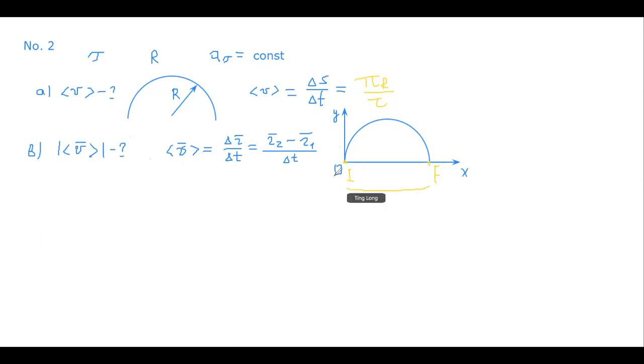The initial position was in the origin. Yes, this is correct. So R1 is equal to 0, and delta r is here. This is delta r.